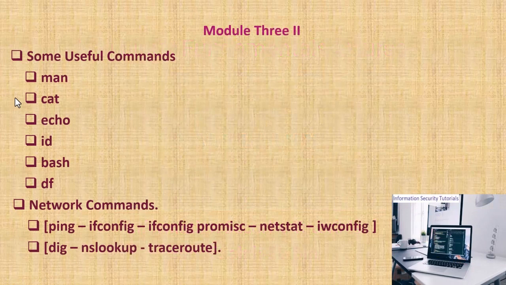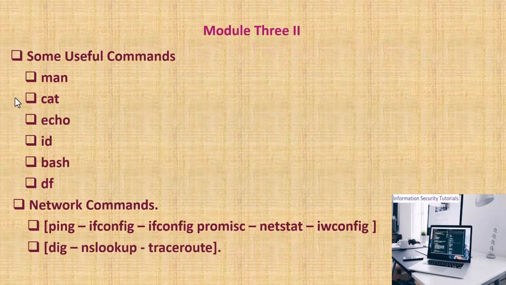We'll discuss some useful commands like the man command, which is something like the help command in Windows, which gives you some description about any command you can use in Kali Linux. Then we will talk about the cat command, which can display the contents of any file on the screen.